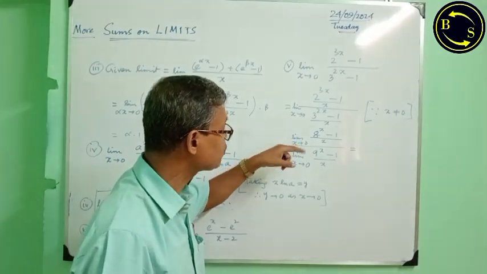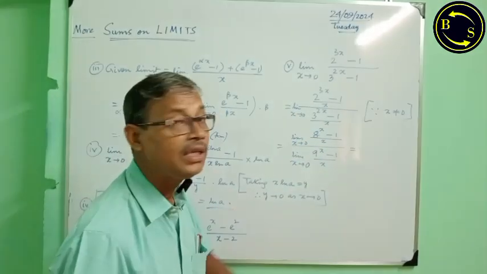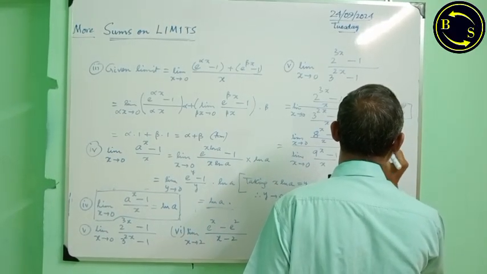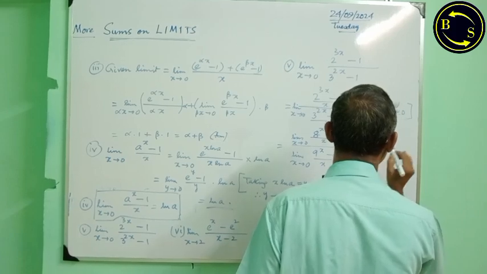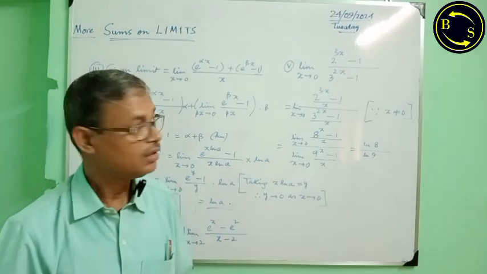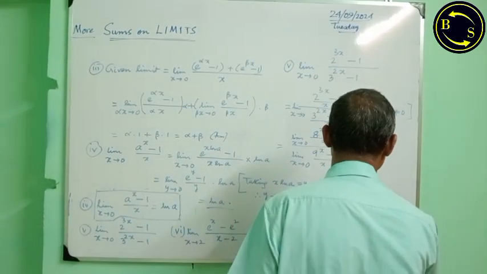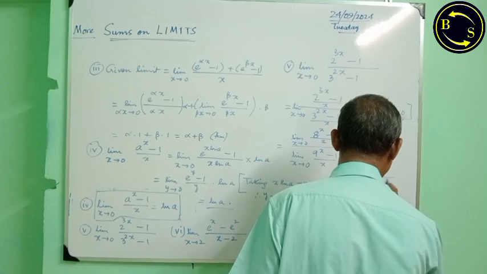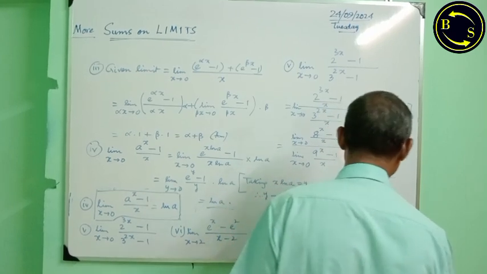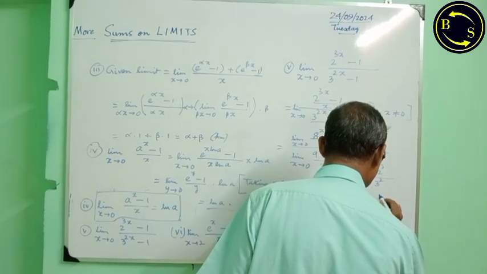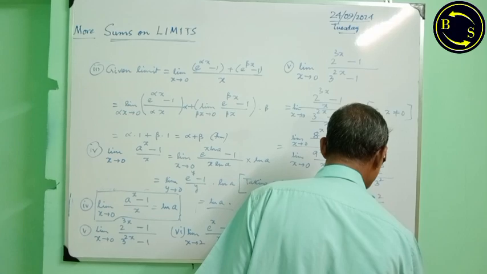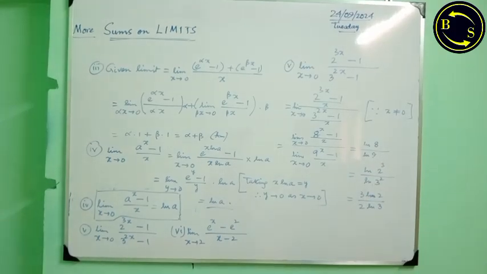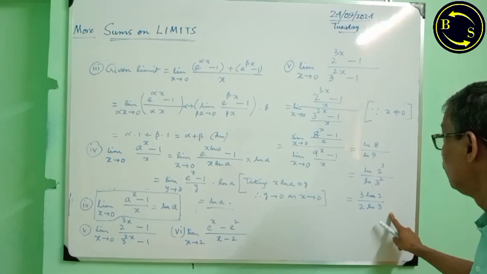That means of the form limit x tends to 0, a to the power x minus 1 by x means log of a, log of 8, and this is log of 9, and log of 8 means log 2 cube, and this is log 3 square, 3 log 2 by 2 log 3. Log 2 by 2 log 3. Therefore, answer is this one.